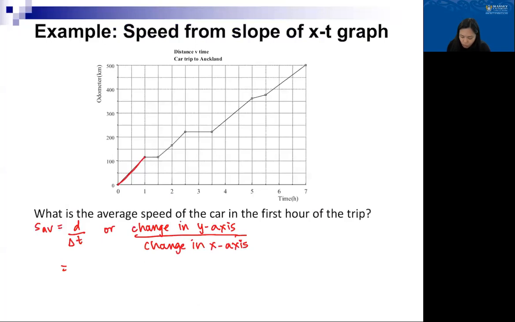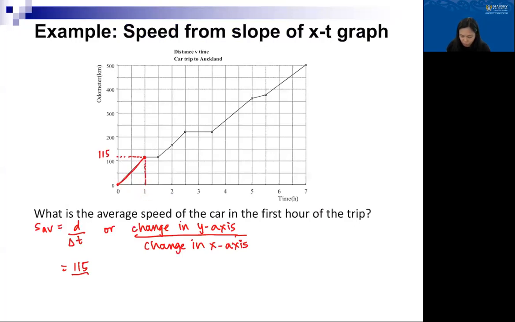So you know that over the first hour, you've covered a distance of about 115 kilometers. Okay. Your final position is 115 and your initial position is 0. So the distance you've covered is 115 kilometers divided by the time it took you to cover that distance, which is 1 hour.